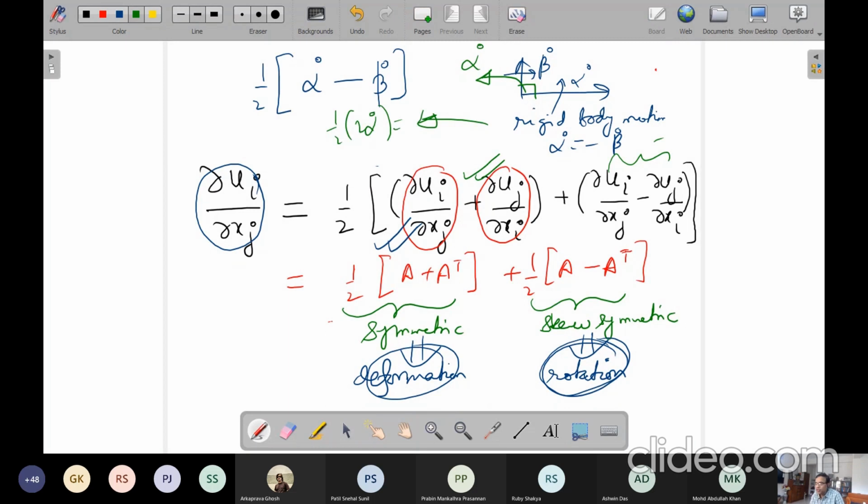Everything will move with the angular velocity alpha dot. So in a limiting sense, this expression asymptotically approaches the expression for rotation of a rigid body. If the fluid in a limiting sense behaves like a rigid body, it may be isolated from the deformation concept, and that is what it is trying to say.